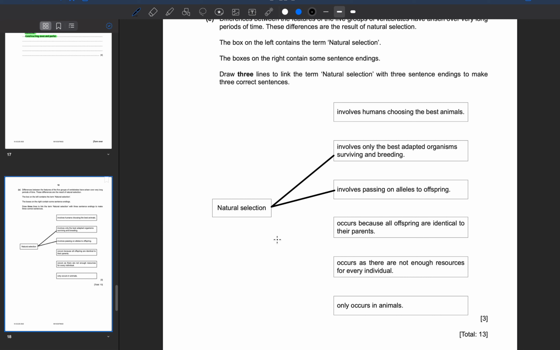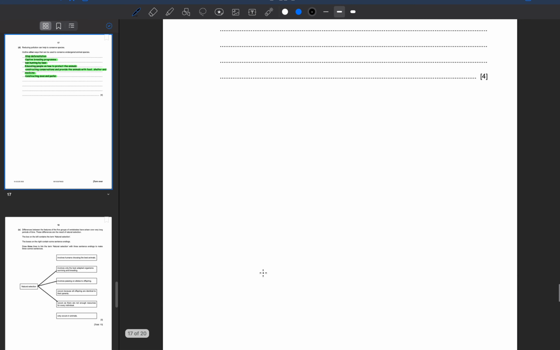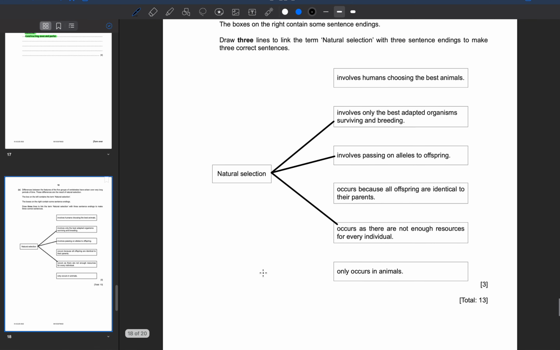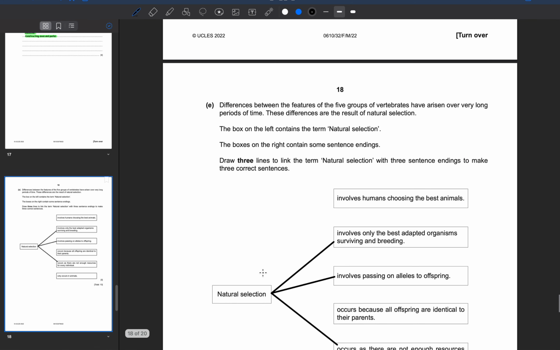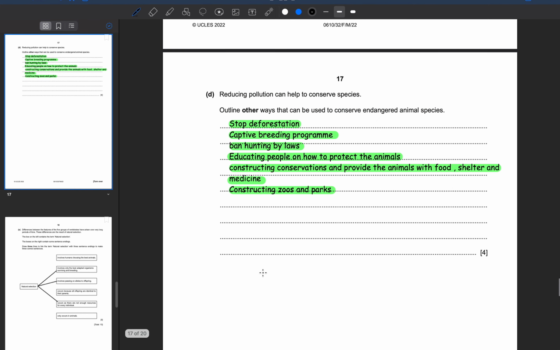It occurs in animals and plants and different organisms. Also it occurs as there are not enough resources for every individual. They are searching for food, and the best suited organism or the best suited feature can be passed from one organism to another.